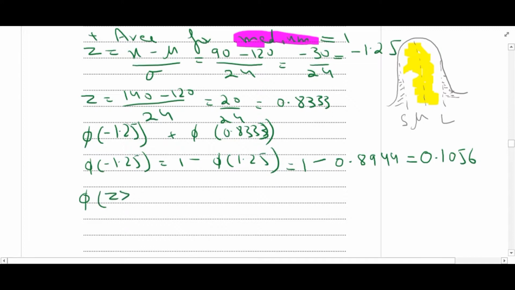The next thing is finding the probability of z greater than 0.833. This is nothing but 1 minus the probability of z lesser than 0.833.